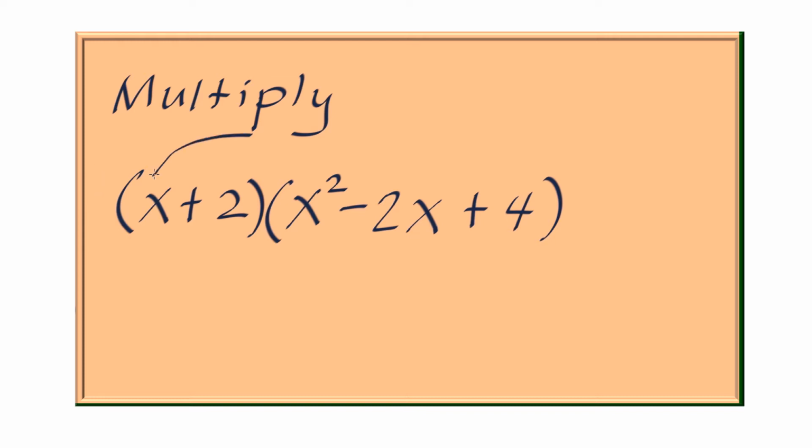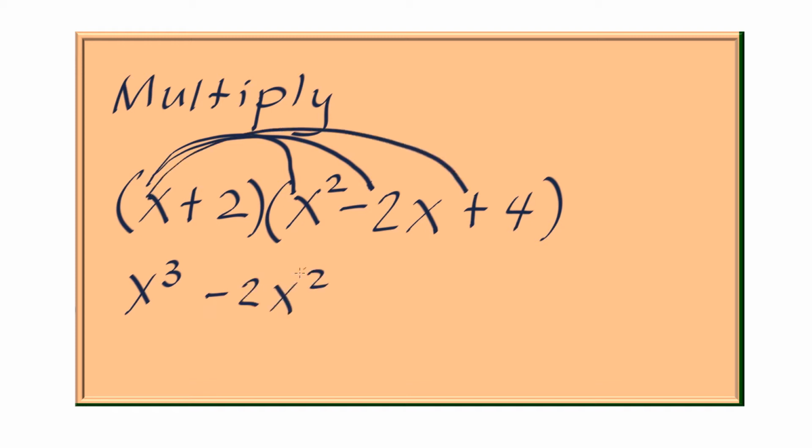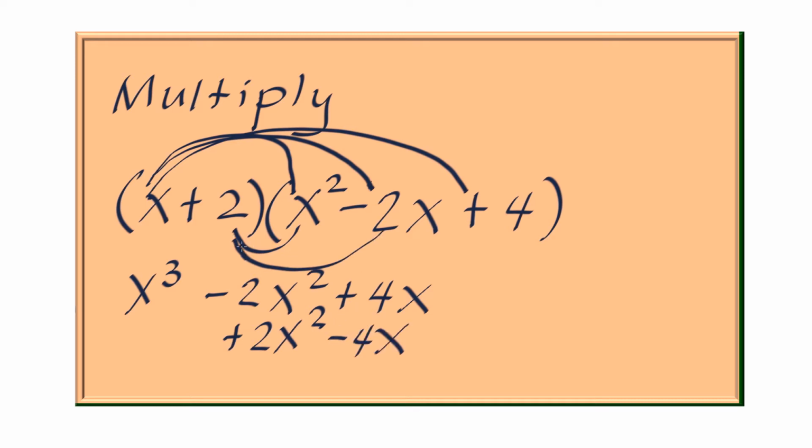So x times x squared is x cubed. X times negative 2x is negative 2x squared. Now x times 4 is positive 4x. Now 2 times x squared is positive 2x squared. Then positive 2 times negative 2x is negative 4x. Now 2 times 4 is a positive 8.